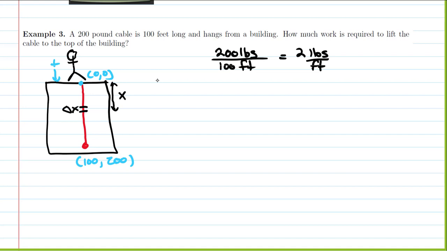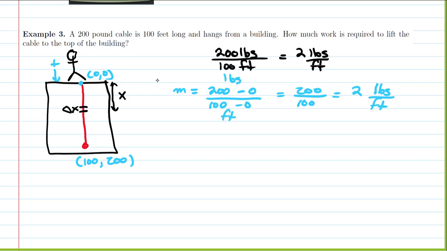I could just calculate the slope: my y2 is 200 minus my y1 is 0, all over 100 minus 0, which gives me 200 over 100, which is 2 over 1, which is 2. And what was it that the y's measured again? Oh, the y's were pounds, and the x's were feet.